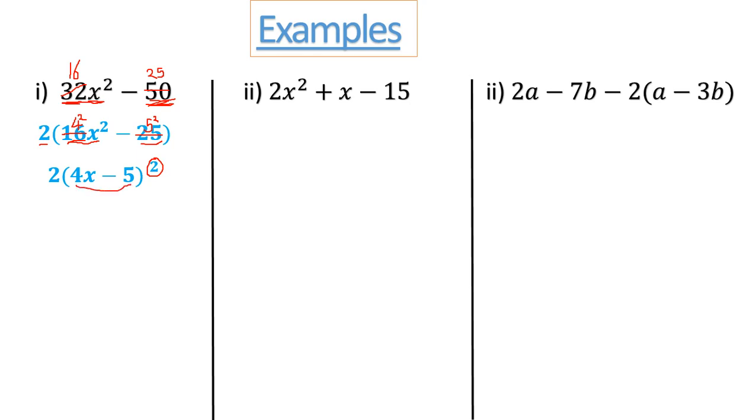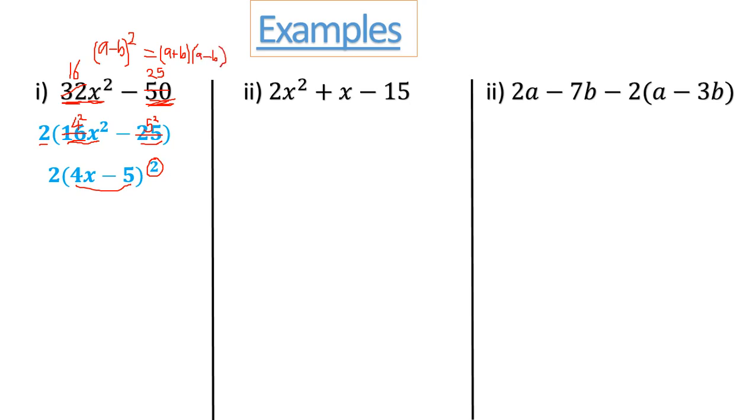If you just follow the format of difference of 2 squares, the expansion, if you remember, we said the expansion of a squared minus b squared will be equal to one bracket with a plus b, and the other with a minus b.